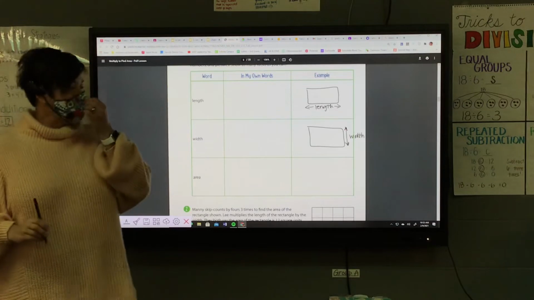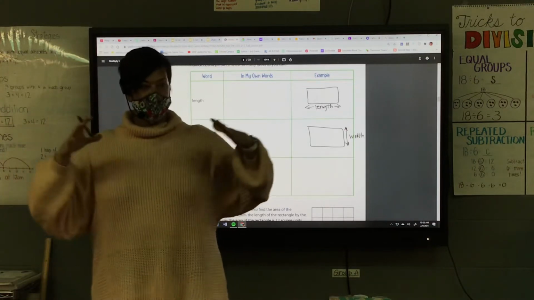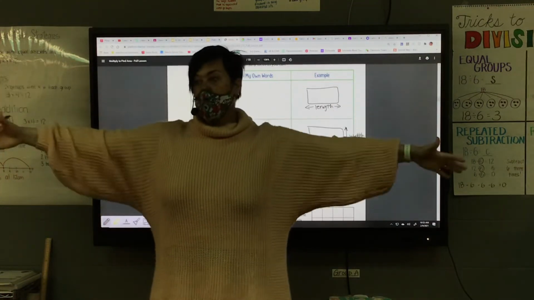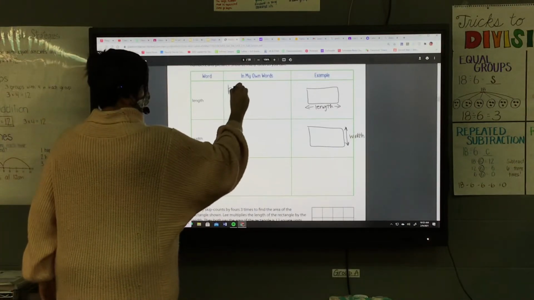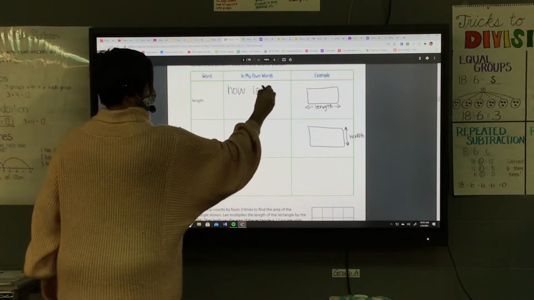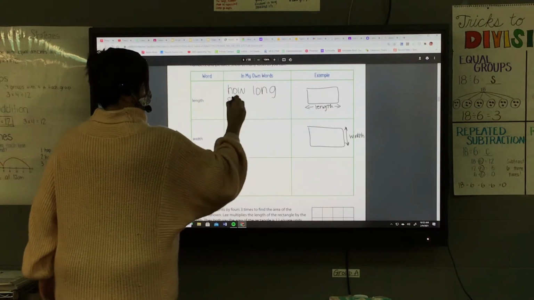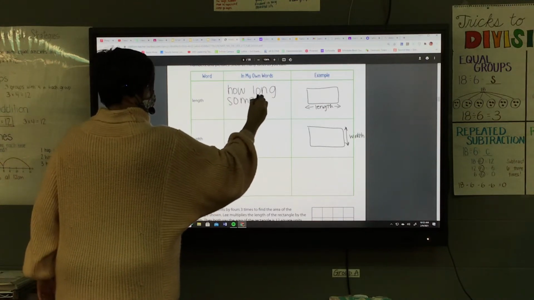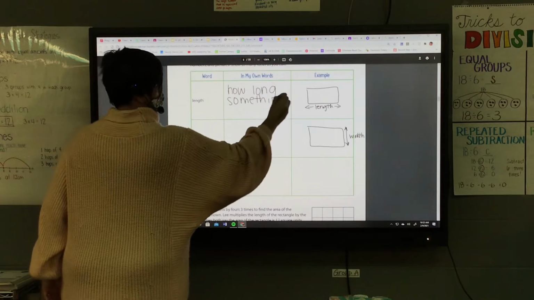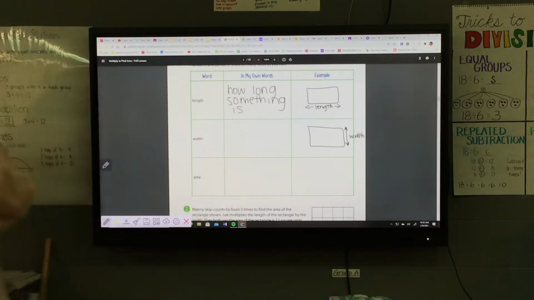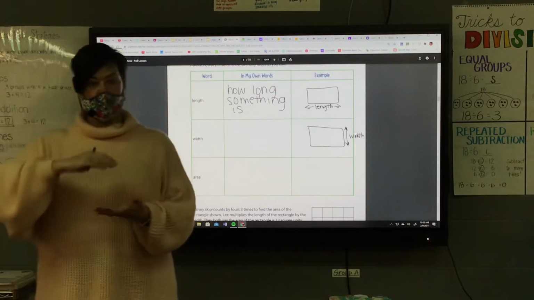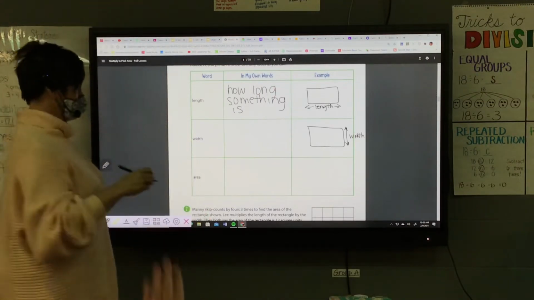All right, so length means what? How long something is. Let's write that down. How long something, could be anything, right, something is. Width means how wide something is.